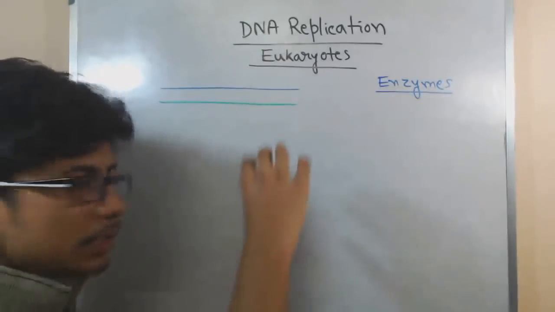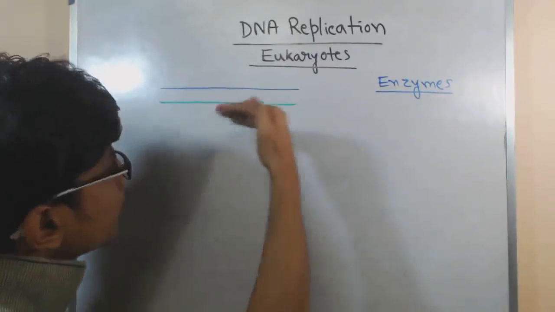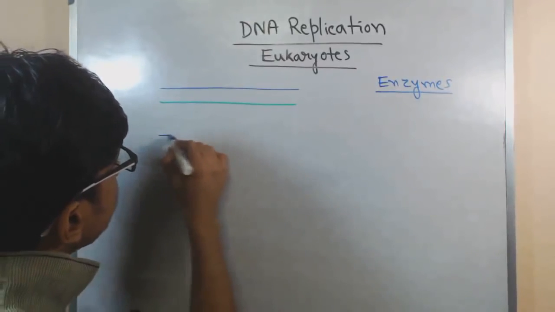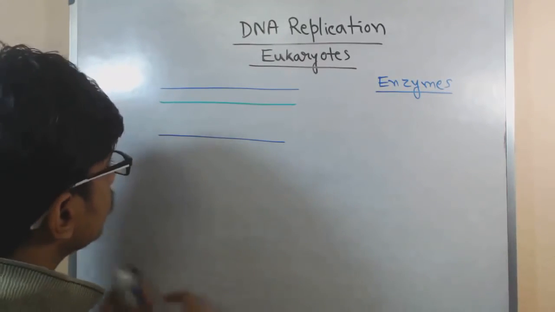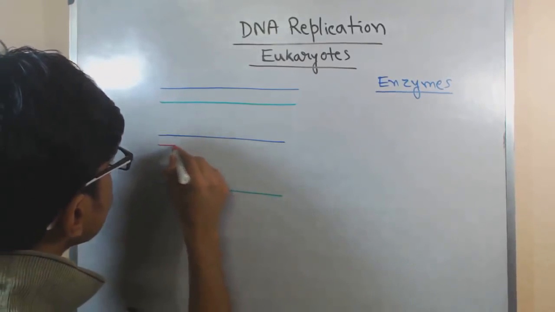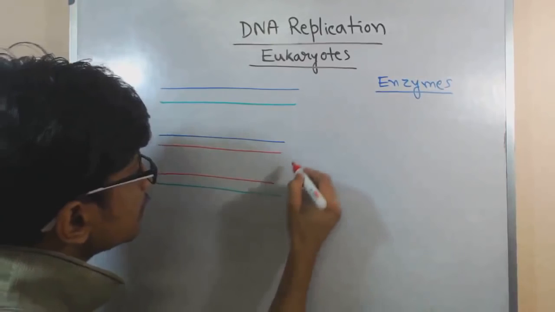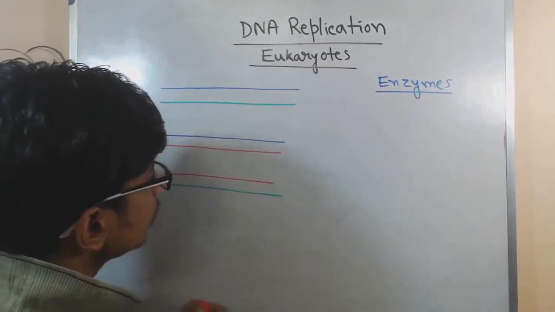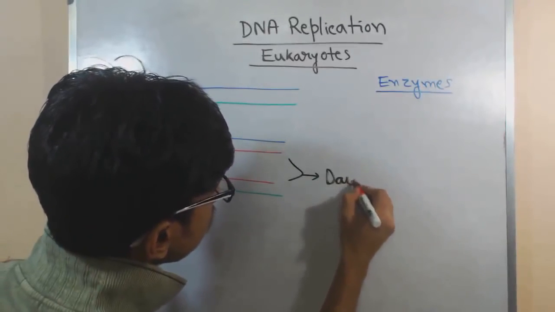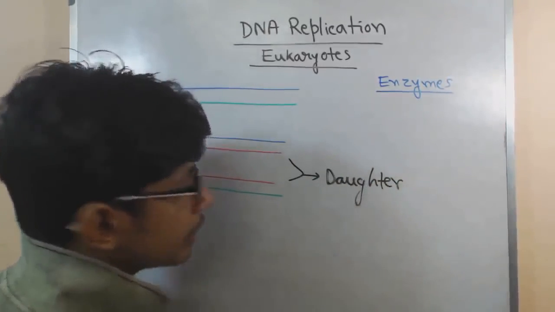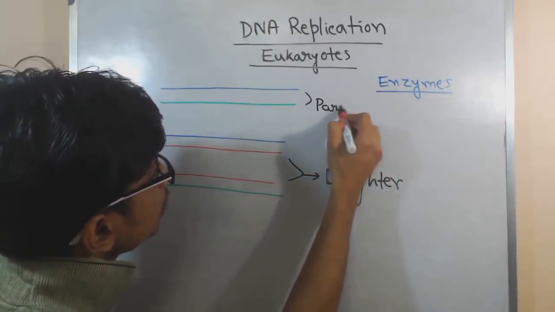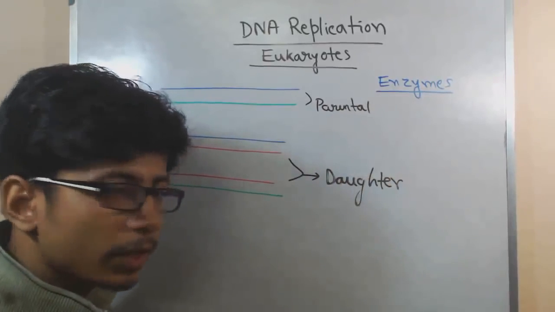Those strands are called parental. Now we add the new strands by using one strand as a template. So it will produce 2 double-stranded DNA like this. Let's say these red strands are the daughter DNA strands, and these are the parental DNA strands.